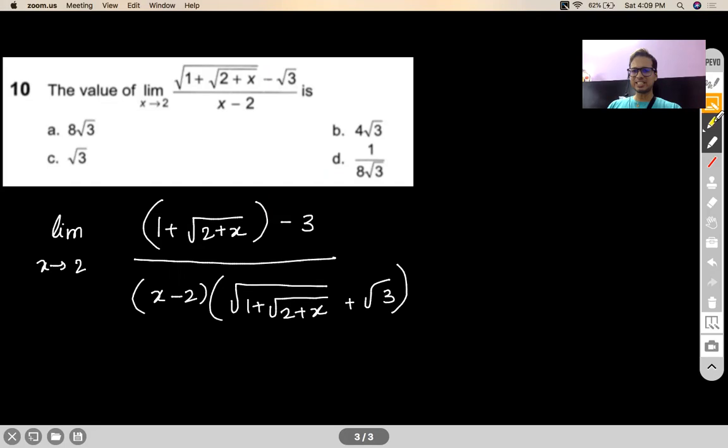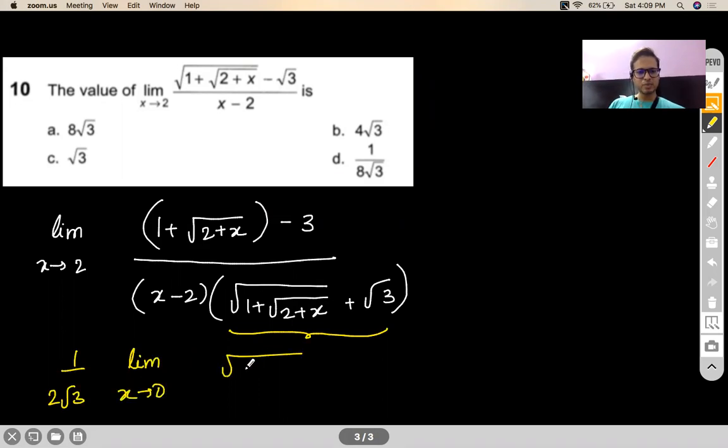Now in this entire expression, you will see that this term emerges out as a harmless term. So you can put the value of 2 here. When you put the value of 2 here, it becomes root 3 plus root 3, that is 2 root 3, which you can take out. Rest of the term would be under root of 2 plus x minus 2 by x minus 2.